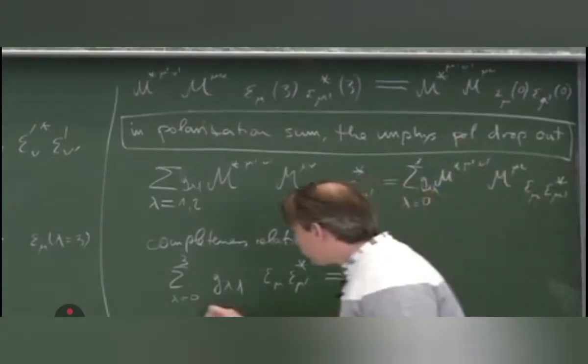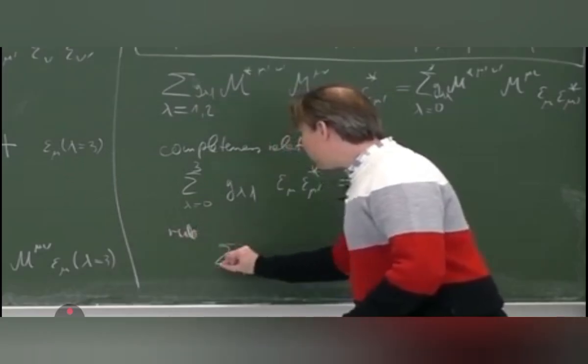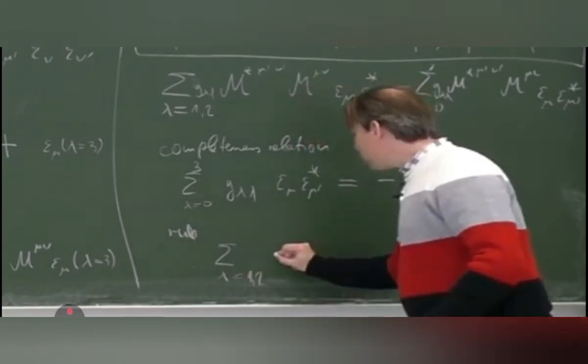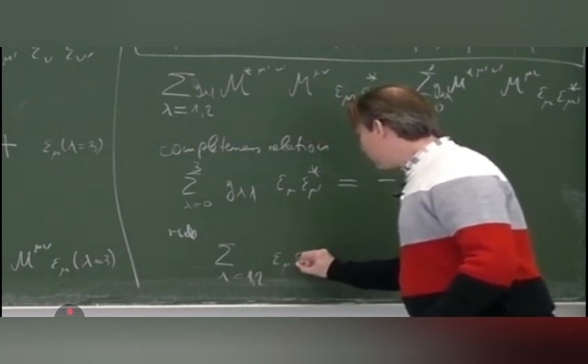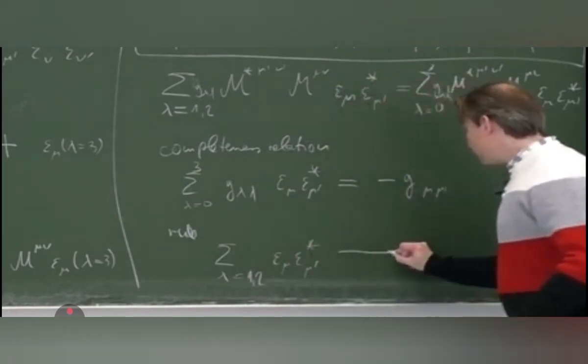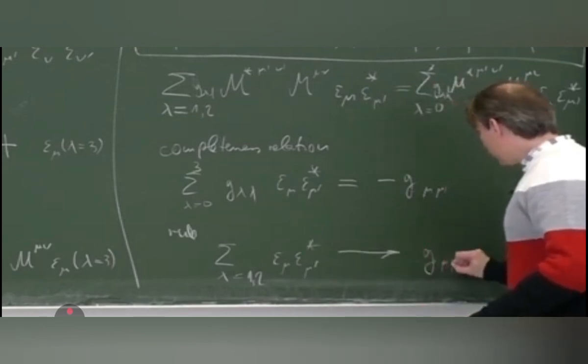So we have the effective rule that we can replace the polarization sum of epsilon mu, epsilon star mu prime, by a metric tensor g mu mu prime.